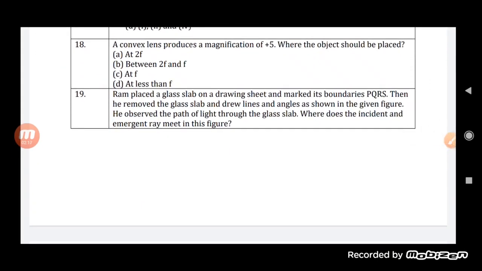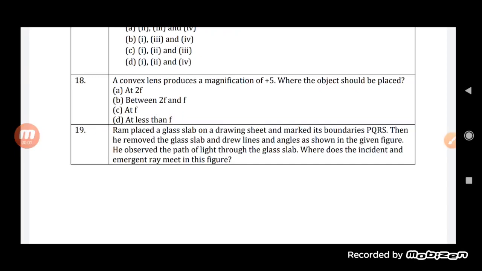A convex lens produces a magnification of +5, where should the object be placed? So magnification is already given here, that is +5. Where should the object be placed: at f and 2f, between f and 2f, at f, or at less than f?